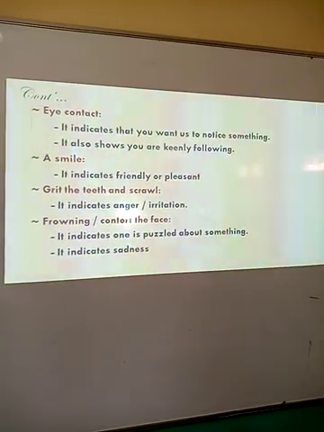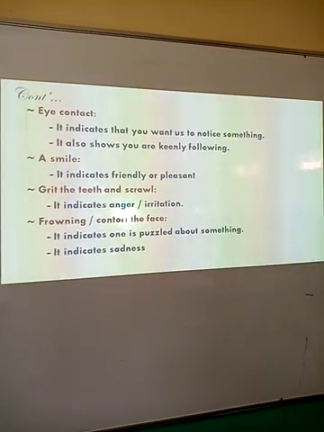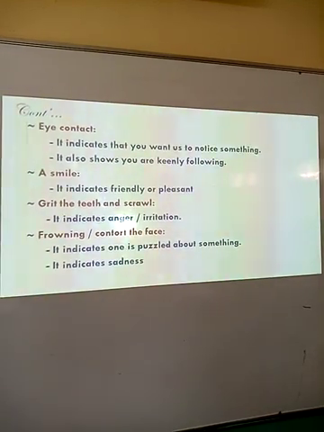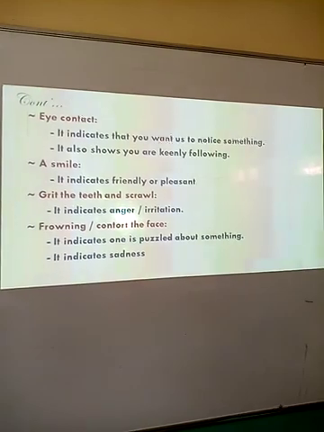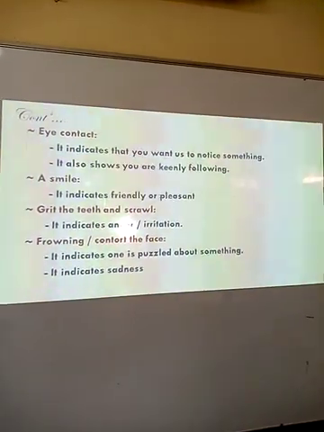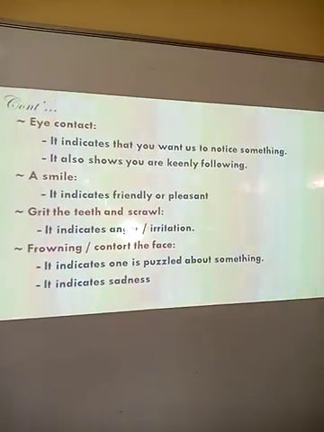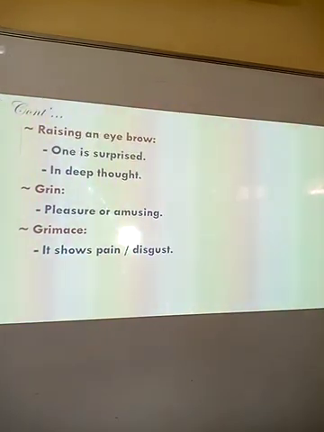You could also grit your teeth and scowl to indicate anger or irritation. Another facial expression we have is frowning, or you could say you could contort the face to indicate sadness, anger, or when one is puzzled about something or worried.